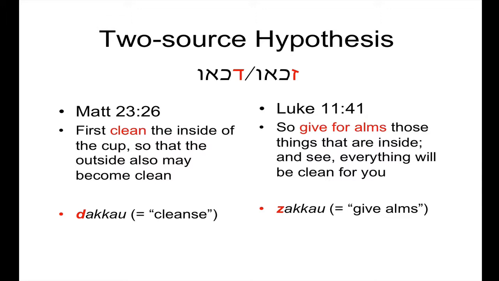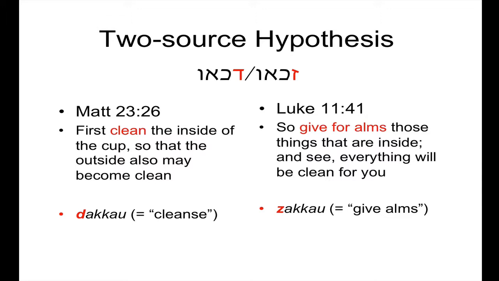So here's an example. Matthew 23, Jesus says, first clean the inside of the cup so that the outside is clean. Luke 11, give alms for the inside so that everything is clean. That's weird. Those things sound really different and yet really similar.